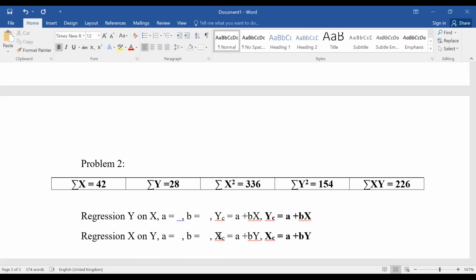Simple. Got the value? Naveen, completed or not?